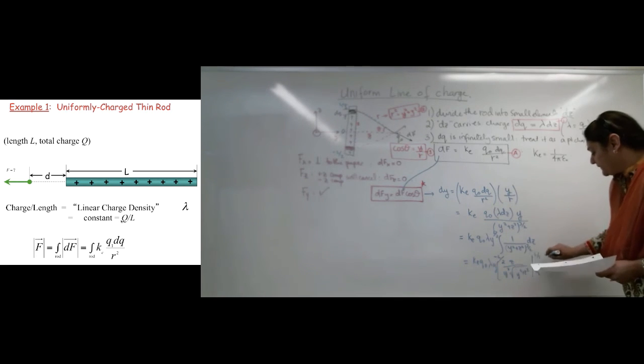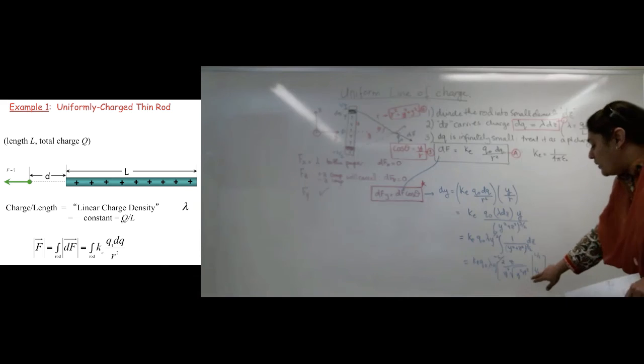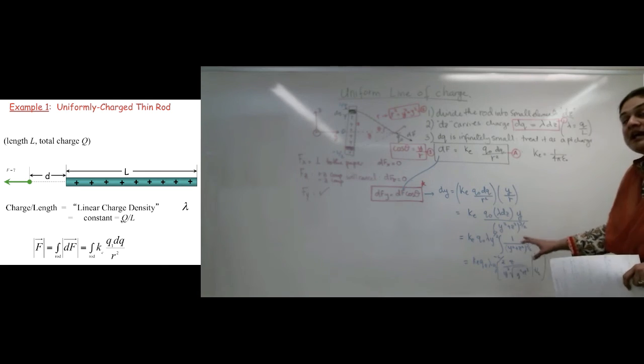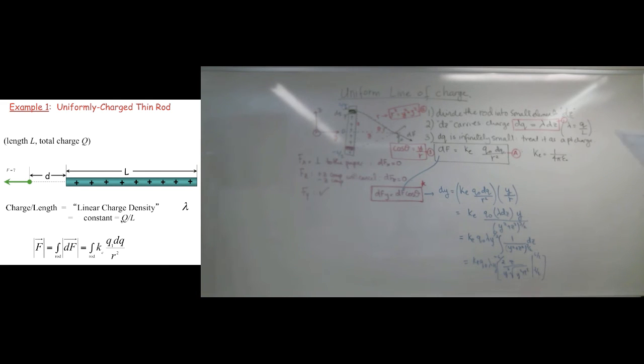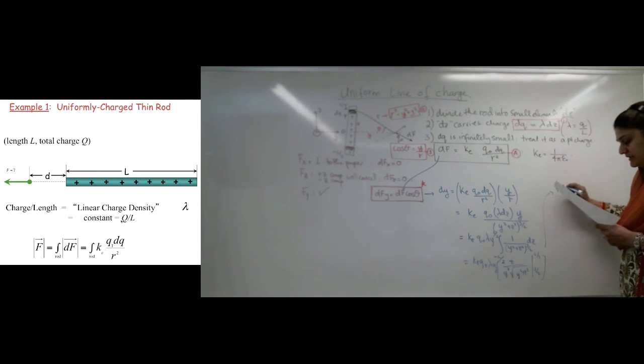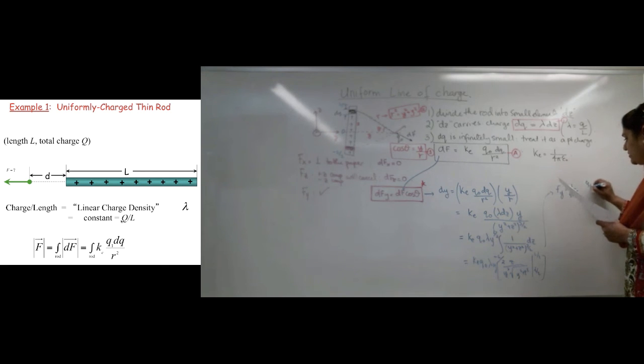You can look up this integration. Once you have this, all you need to do now is plug these numbers in and solve for it. Once you solve, Fy will equal 1 over 4 pi epsilon naught, q naught Q over y times the square root of y squared plus (L over 2) squared. That's what your Fy is going to come out to.